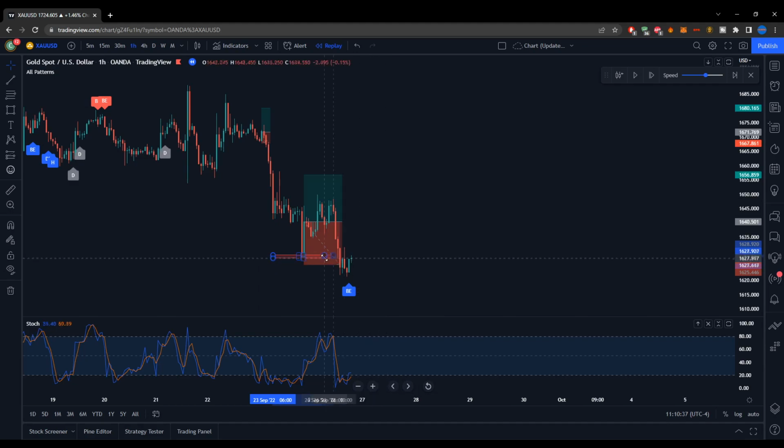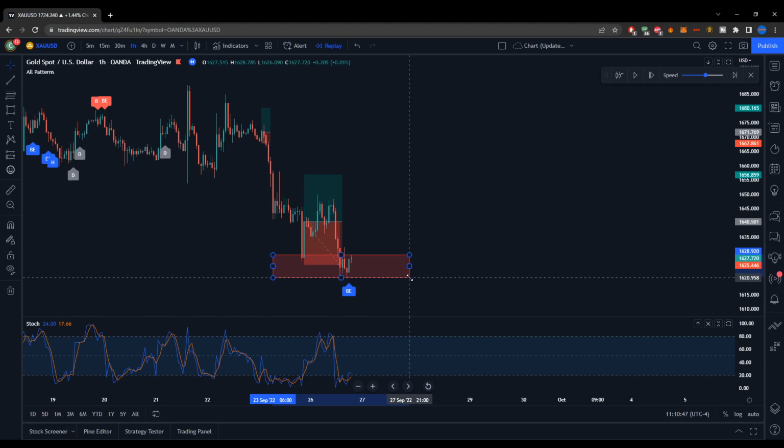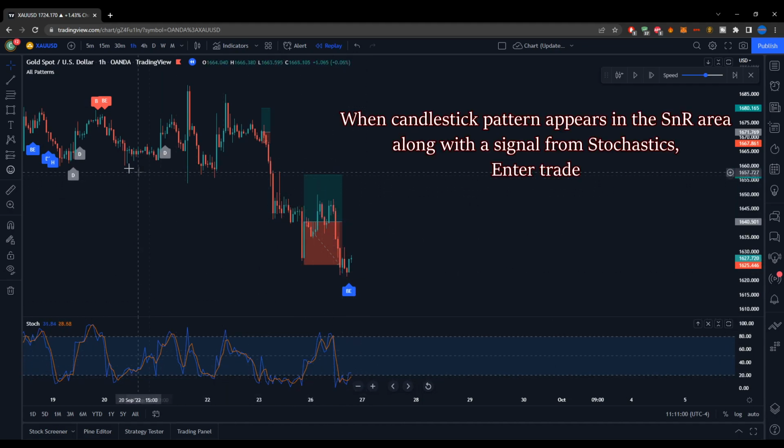So the fact that this price jumped from here until up here, meaning there's a support somewhere here, right? So this trade, I would consider it as valid, so I'll be taking it. And also I forgot to mention there's a signal here.